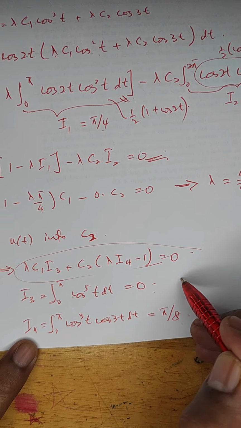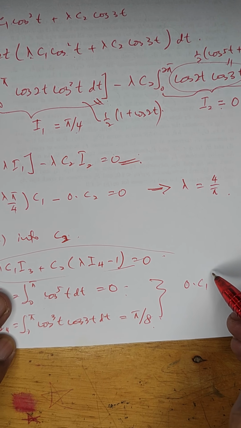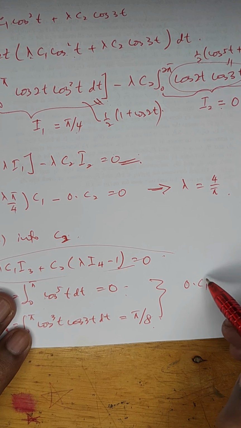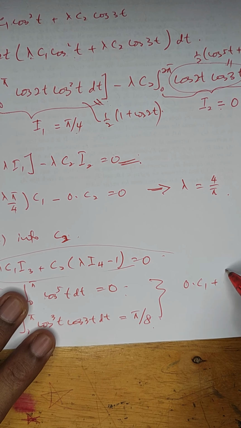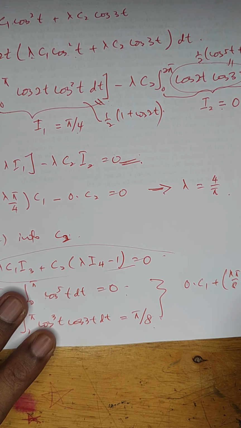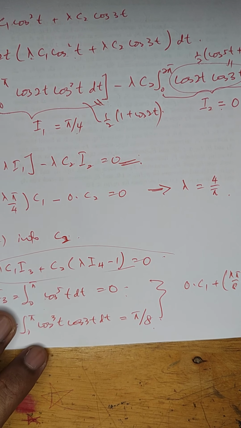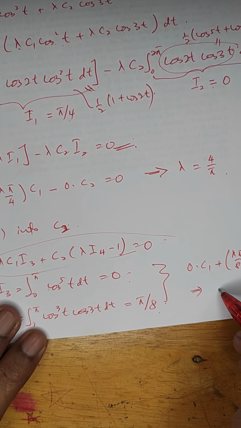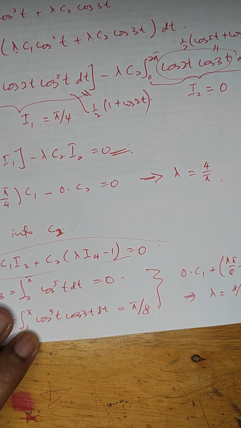So what we have is 0 times C1 plus lambda pi over 8 minus 1 times C2, which gives you 0. So from here we have lambda equal to 8 over pi.